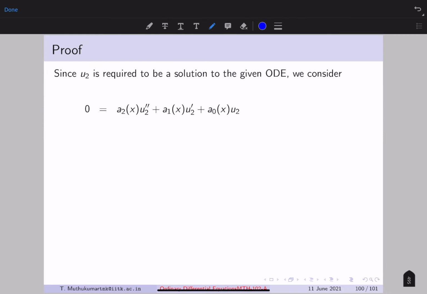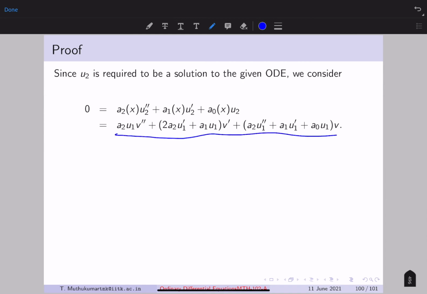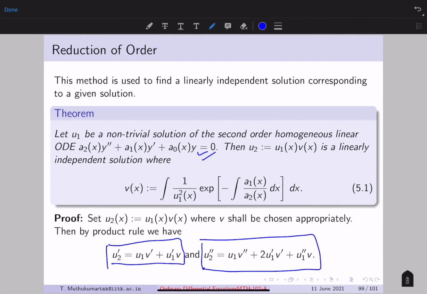And we have already computed U2 prime and U2 double prime, and we also know U2 in terms of U1 and V. Use that information, and if we rearrange, we get this, right? We have rearranged it in terms of the derivatives of V. So you have the coefficients of V double prime, V prime, and V. So if you use this previous formula and this information, you get this.